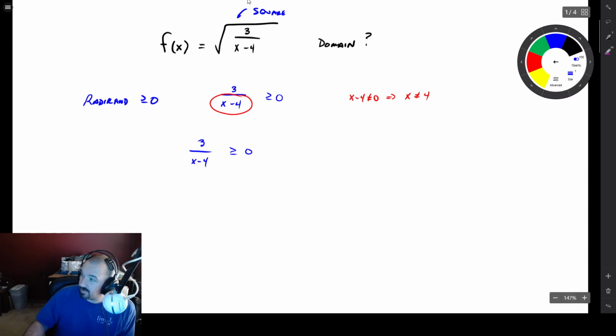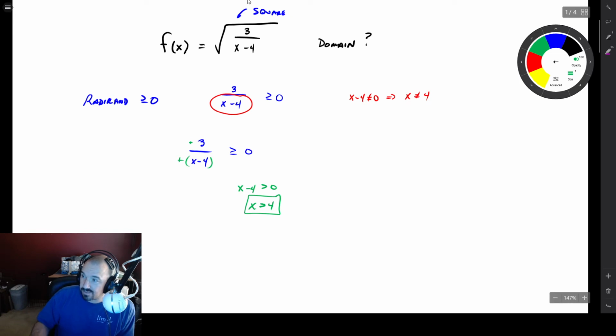The only way to get a positive out of this is if these are both positive or both negative. The 3 does not change its value. This is positive, so this must be positive. In order to be positive, it has to be greater than 0, so x minus 4 has to be greater than 0. If we add 4 to both sides, we get x has to be greater than 4.